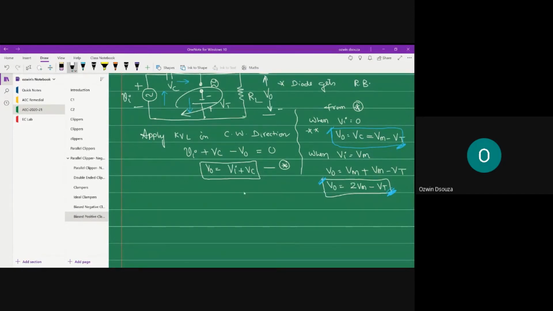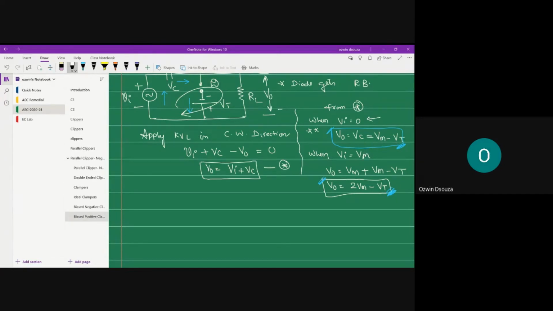You can clearly observe that your input had its initial value at 0 volt level. Please follow the pointer. When your input is at 0 volt level, your output is at some positive voltage, right? And what is that positive voltage? It is Vm minus Vt.